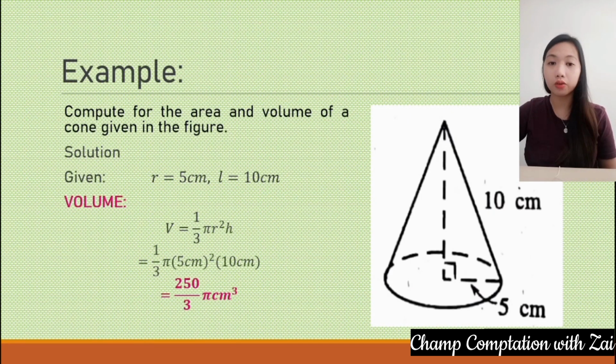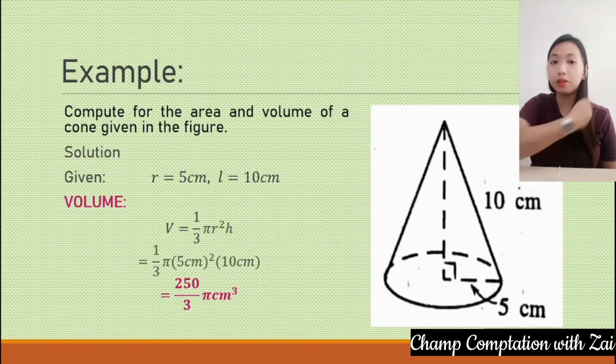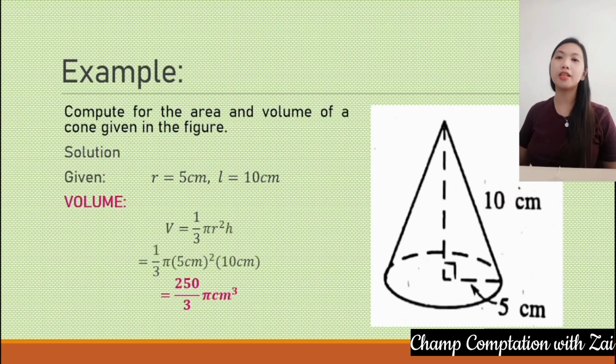There is nothing wrong using fractions. But if you want to use the numerical or the decimal, you can use that also, but there's nothing wrong using the fraction form. So these are the area and volume of a cone.